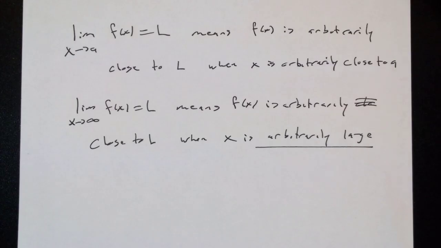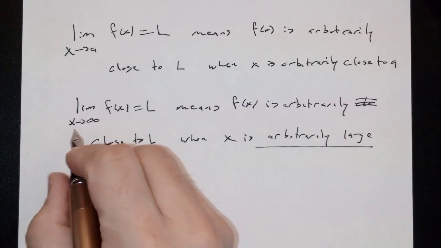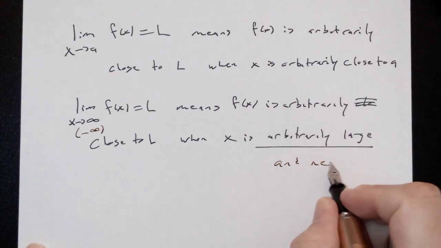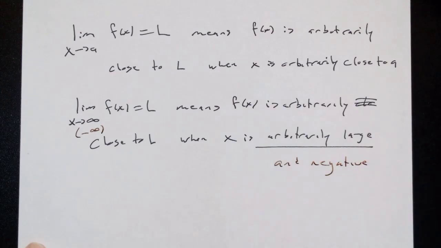An arbitrarily small number is like 0.00003 or something. But arbitrarily small should mean that way. So I'm just going to write arbitrarily large and negative. That's the change that goes with making this minus infinity.